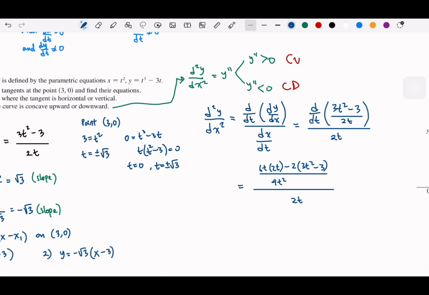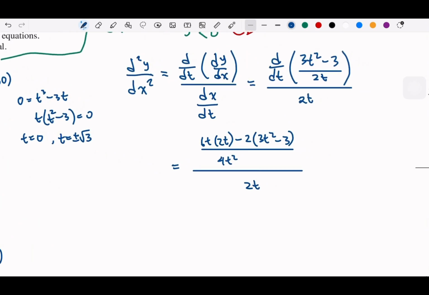Okay, I think that settles things. So let me just complete this. This is 12t squared minus 6t squared plus 6, or we can write here 6t squared plus 6, right?